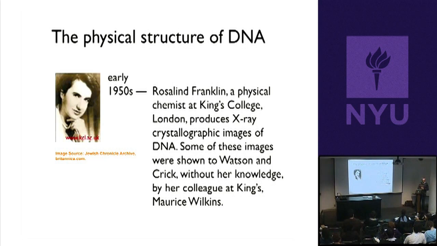Okay? And so what happened in particular was that she was doing experiments. She had crystallized DNA, okay, similar to what was in those necklaces, right? She had made crystals of DNA. And she was using this technique called X-ray crystallography, which I'll explain in a second, to try and figure out what the three-dimensional structure of this molecule is.